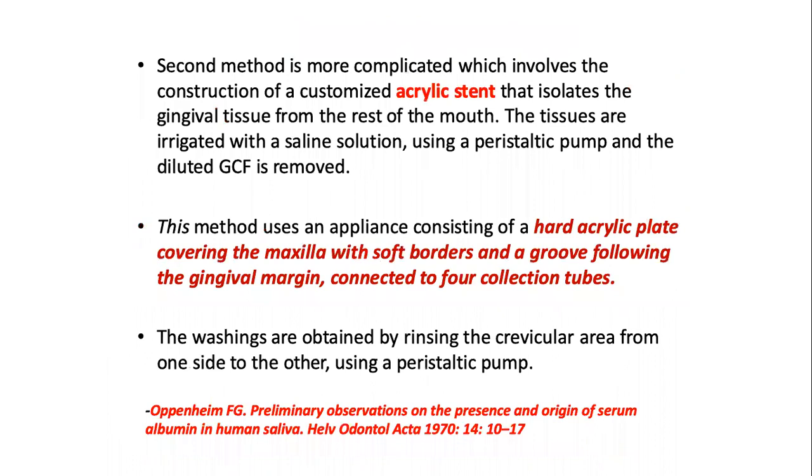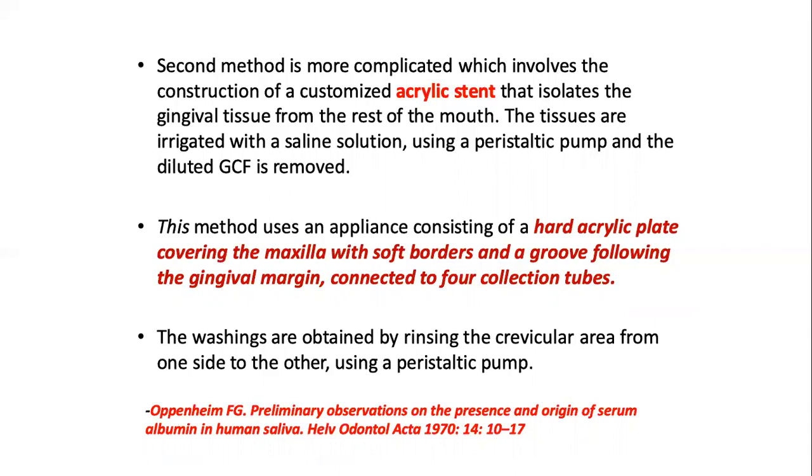Next method was given by Oppenheim. What did they do? They fabricated an acrylic stent. Okay, so this method is a little complicated one, as you need expertise and skill to fabricate an acrylic stent. And finally, this stent, when introduced in the mouth, should be able to isolate the gingival tissue from the rest of the tissue.